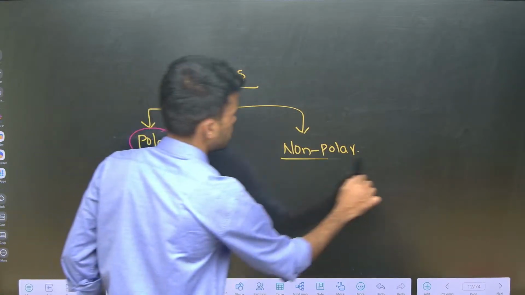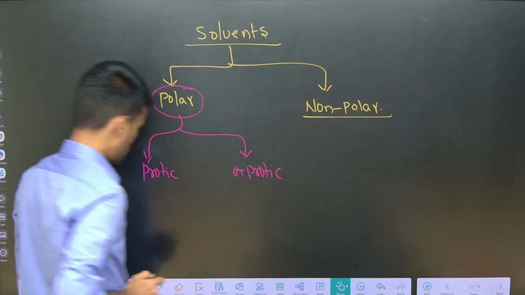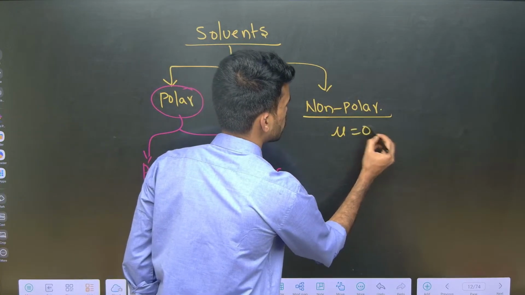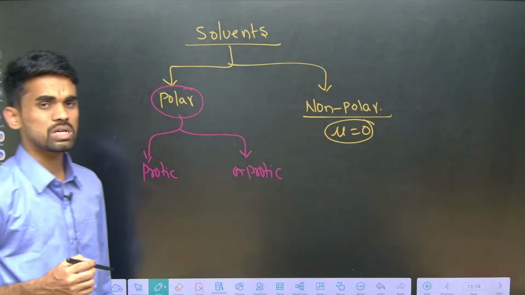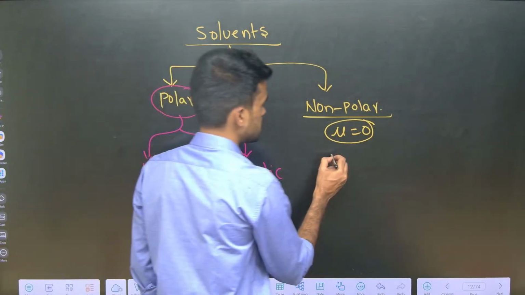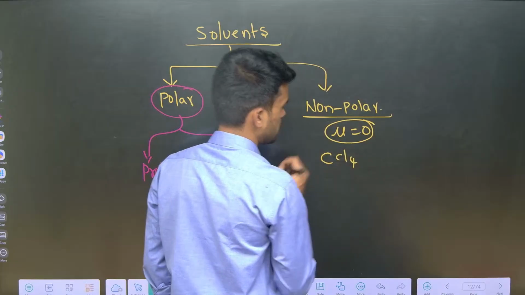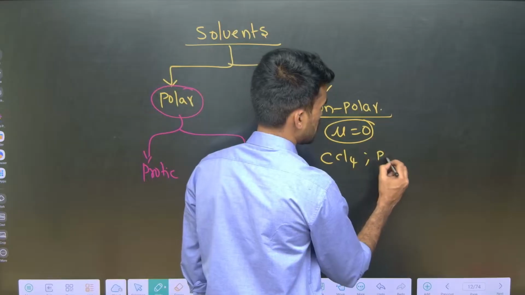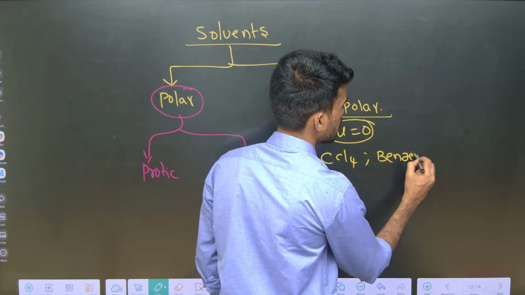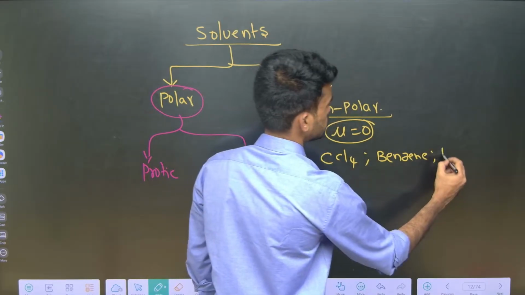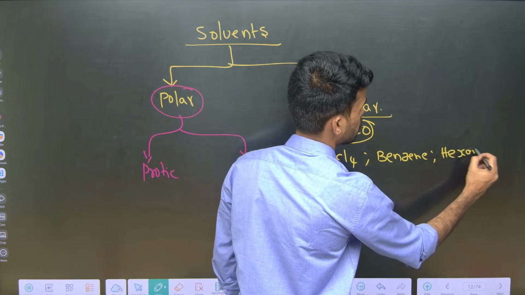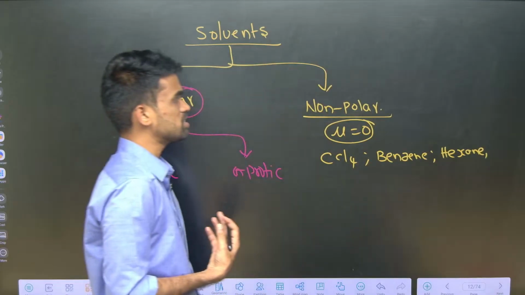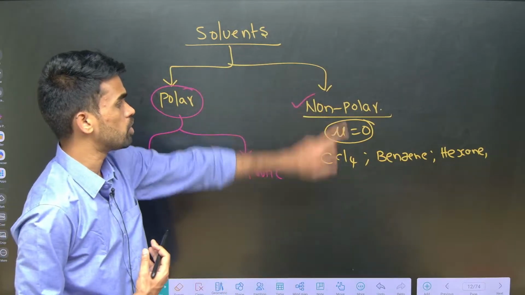Non-polar means in most cases the dipole moment mu equals 0. Give some examples: CCl4, in this case it's non-polar, right? And next benzene, also hexane. Most of the organic solvents, hexane, heptane, toluene, all come under examples of non-polar solvents.